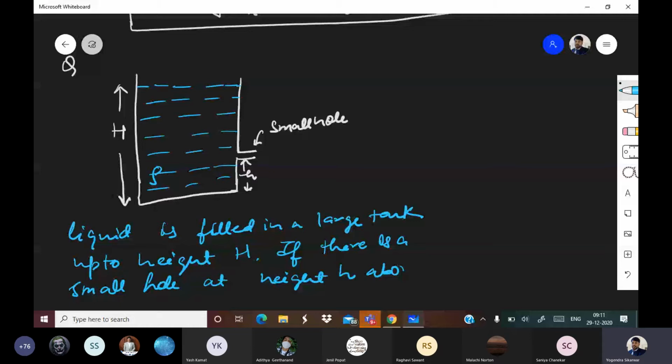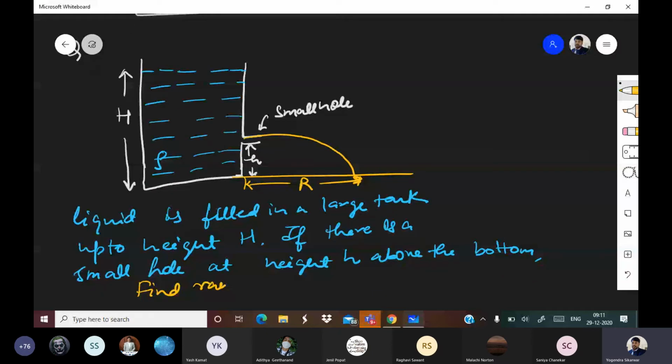Basically, the liquid will come out and it will go somewhere like this. So this range you need to find. Find range R of liquid.